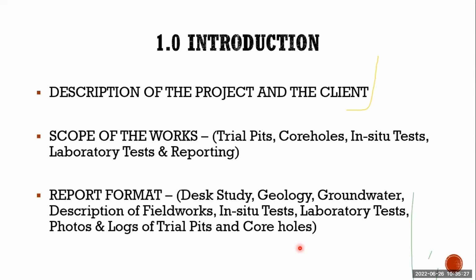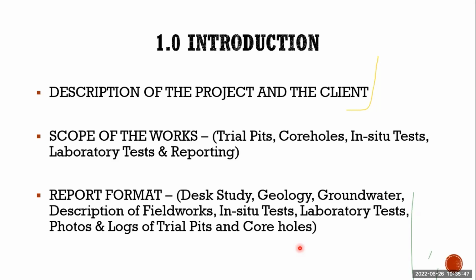In chapter 1, we have to give the introduction. It should be one page or two pages; you can minimize it. It's better to have one page, a single page is okay. You have to give the description of the project, the client, and the date of award.